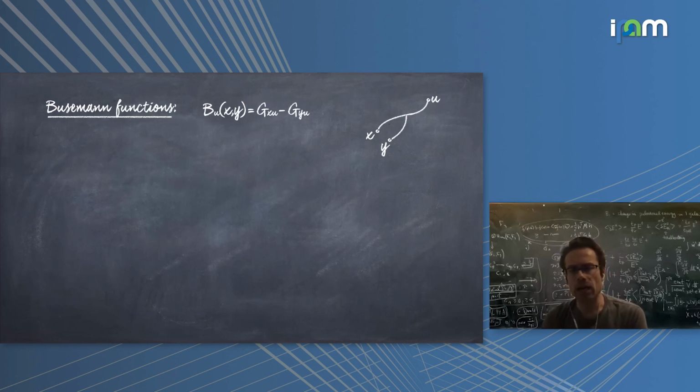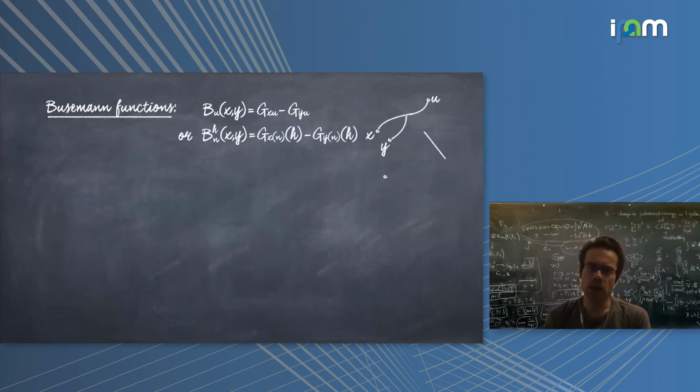And so you just calculate the difference of the passage times from x to u minus from y to u. You could do it with point-to-line objects, and so there's a terminal level then, and you could put the linear initial condition also, or terminal condition. So that is the parameter h.